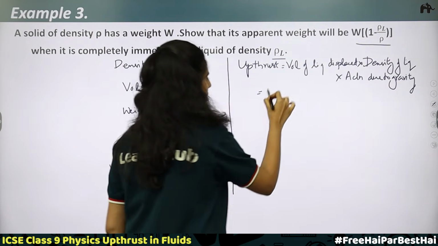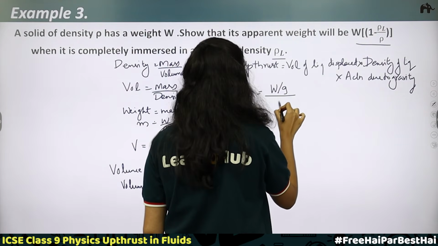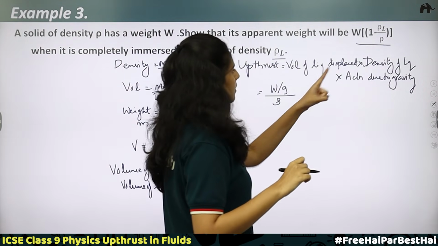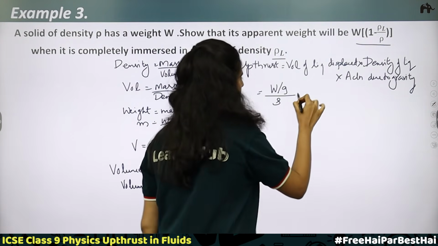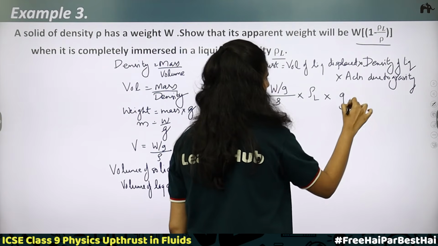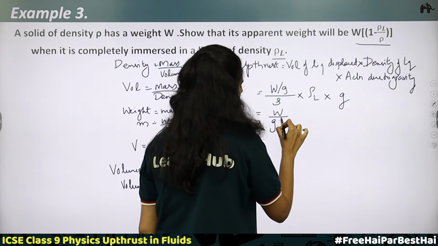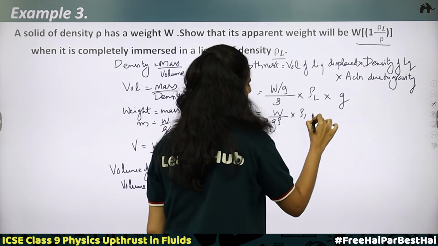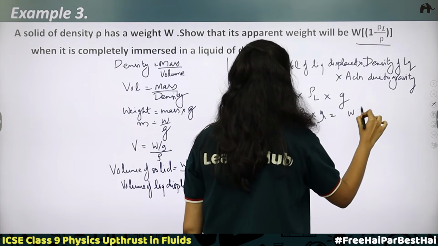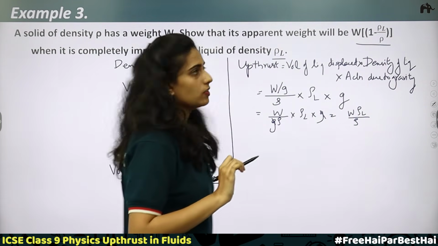Here we have W by G divided by rho. Density of liquid is given as rho L. Acceleration due to gravity is G. So this can be written as W by G rho into rho L into G. G gets cancelled. Then you are having W rho L divided by rho. This is the upthrust.